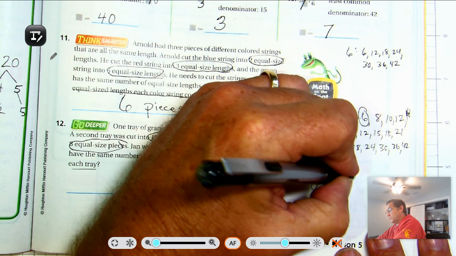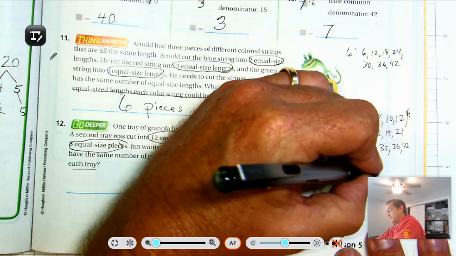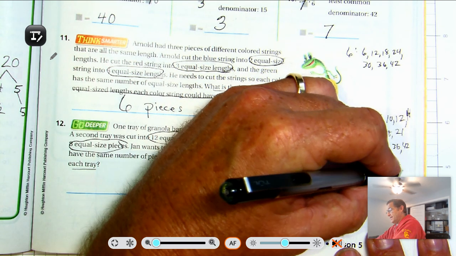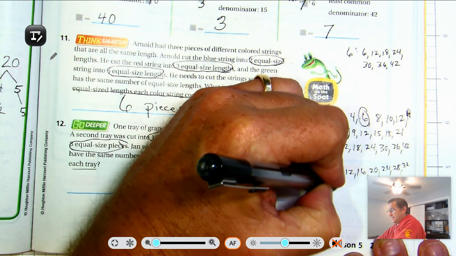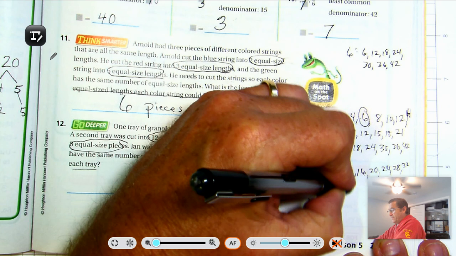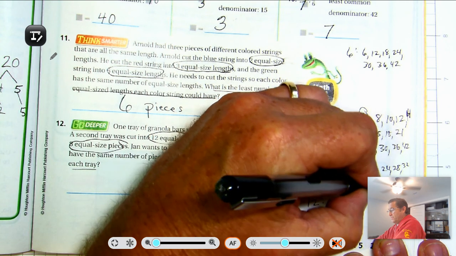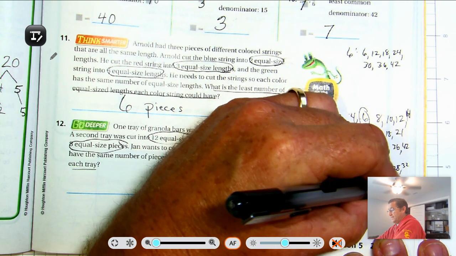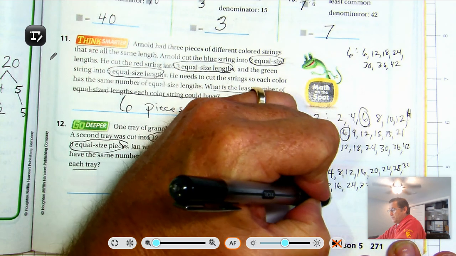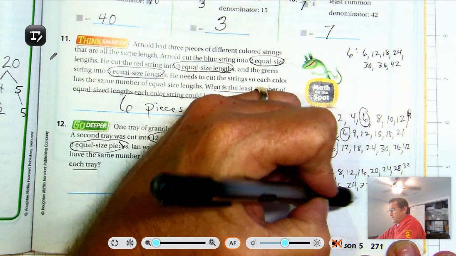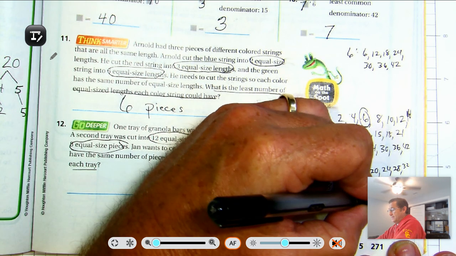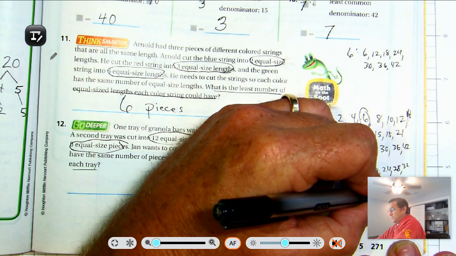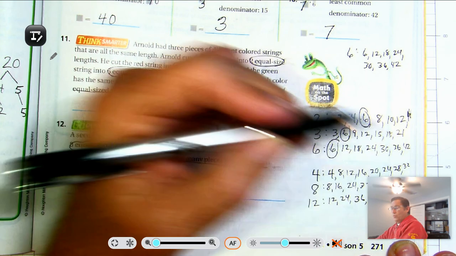4, 8, 12, 16, 20, 24, 28, 32. 8: 8, 16, 24, 32, 40, 48, 56. 12: 12, 24, 36, 48, 60, 72, 84.